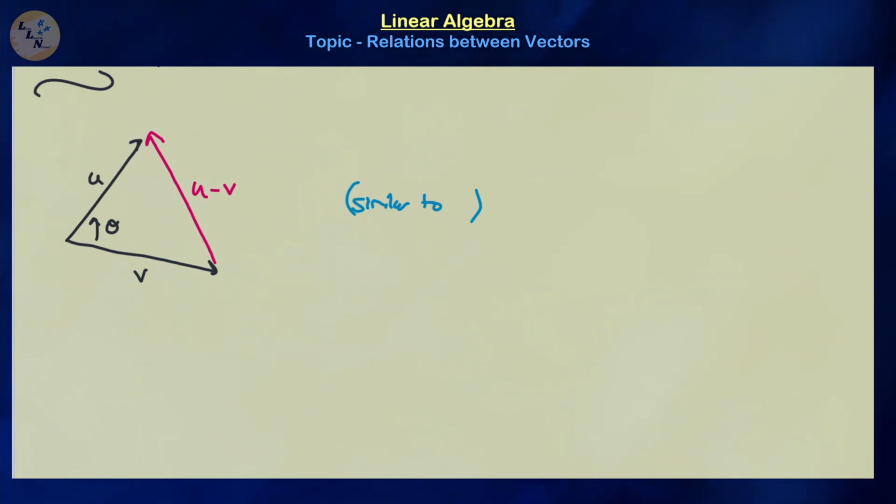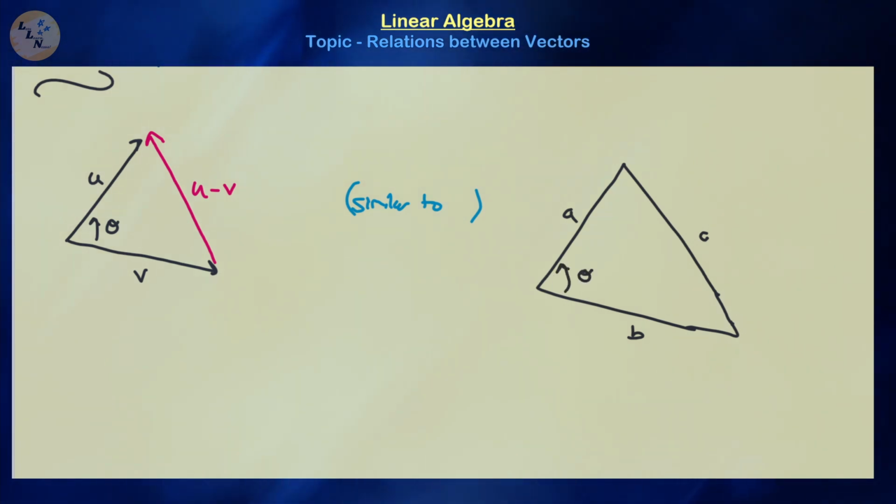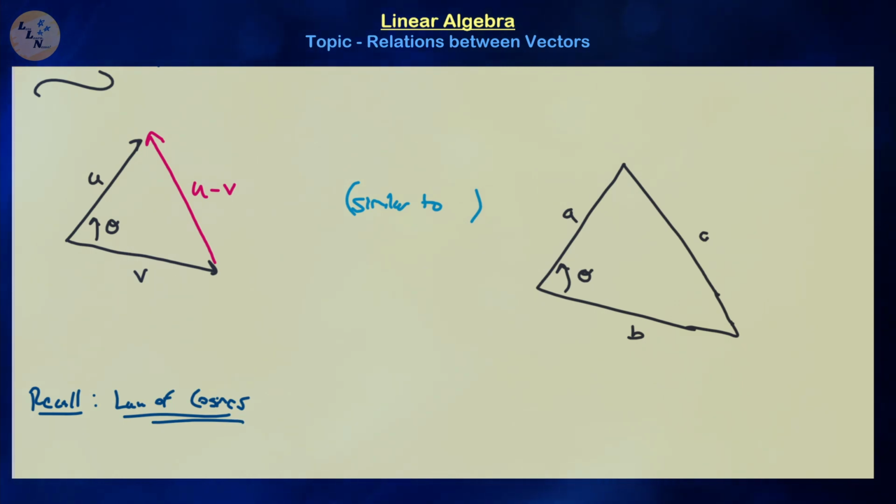So this picture is similar to just a triangle, right? So if we just draw a triangle with a similar orientation, let's assume this is A, B, and C, and again we're interested in finding this angle theta. These two pictures are very similar to one another, and if you remember from pre-calculus, there's actually a nice little trigonometric law called the law of cosines that represents the length of these triangle sides and the angle between these side segments.